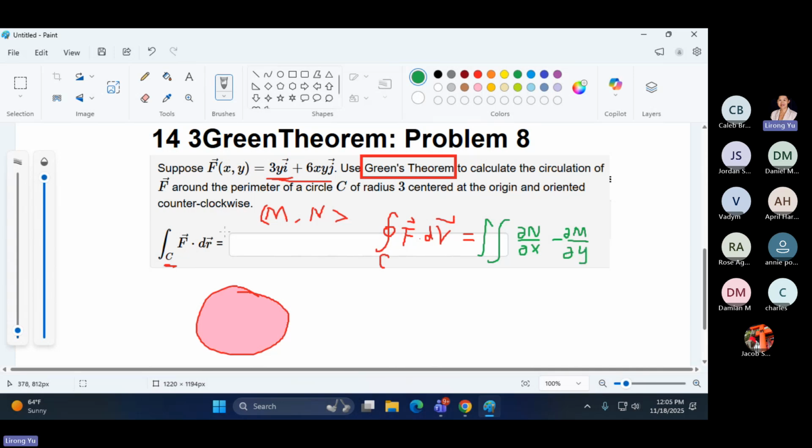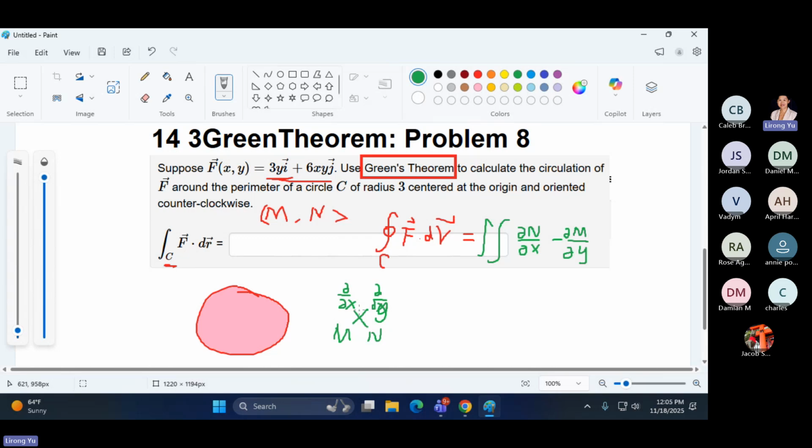How do we make sure we do the right thing? What I did is kind of a cross combine and multiply. You have M and N, and you write dx and dy, and you cross combine dN/dx, dM/dy, so that you know which one is positive and which one is negative.